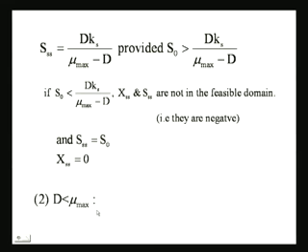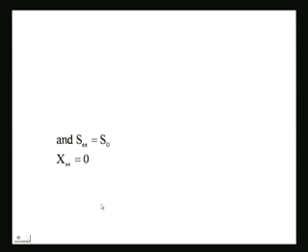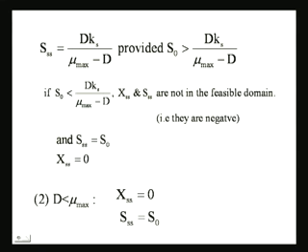And the second regime is the case of XSS equals 0 and SS equals S naught. What this means is that nothing is happening in the reactor. Which means that you start with cells.